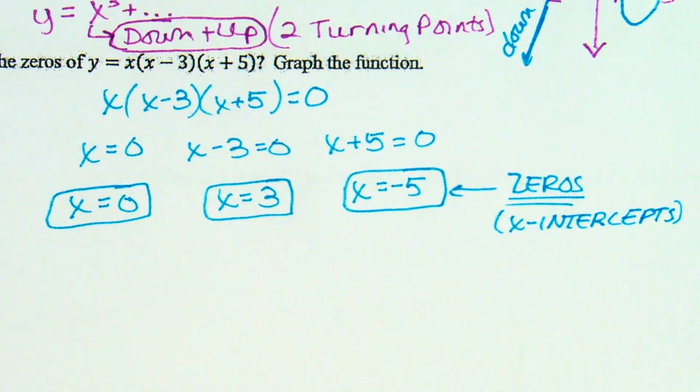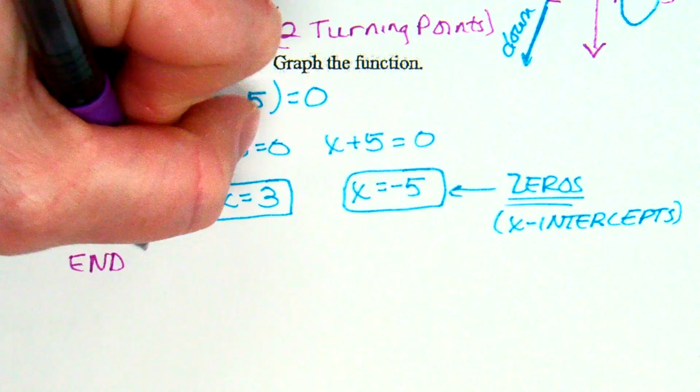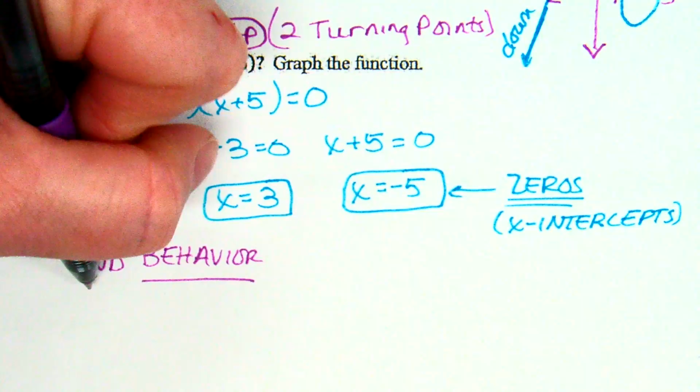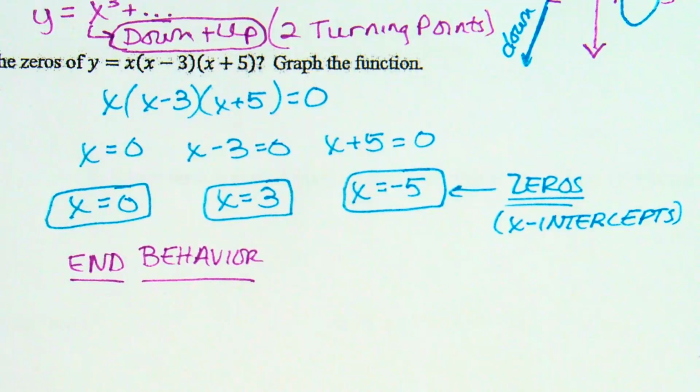Can you process end behavior? So if I multiply this together, x times x minus 3 times x plus 5, what kind of first term would you expect to have?